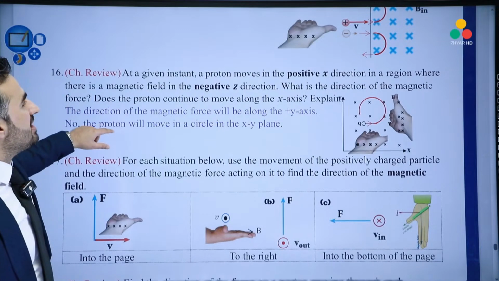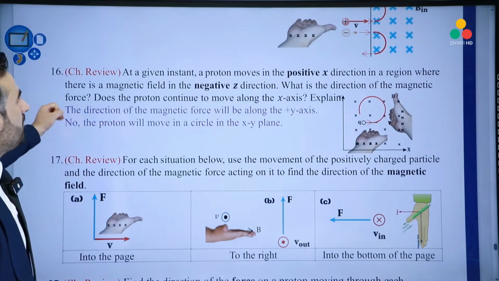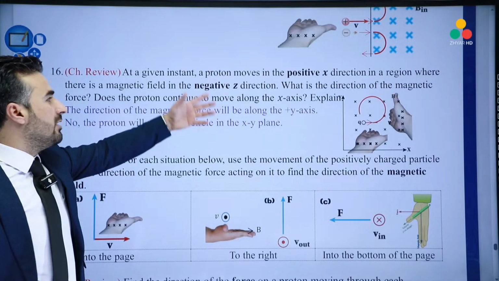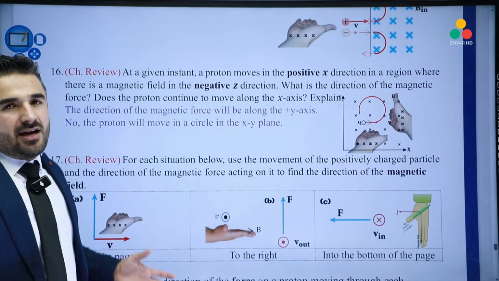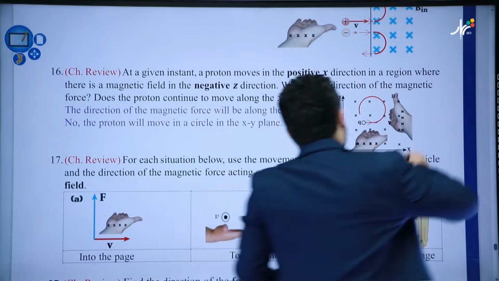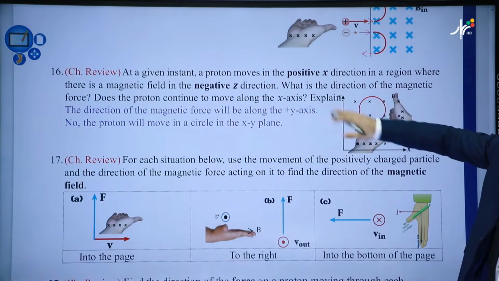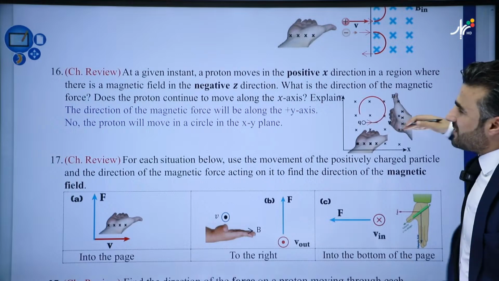All right, then what is the other part? We said that. Does the proton continue to move along the x-axis? The answer is no, because once it is, for example, on the y-axis right here, the question is whether it will continue on the x-axis.